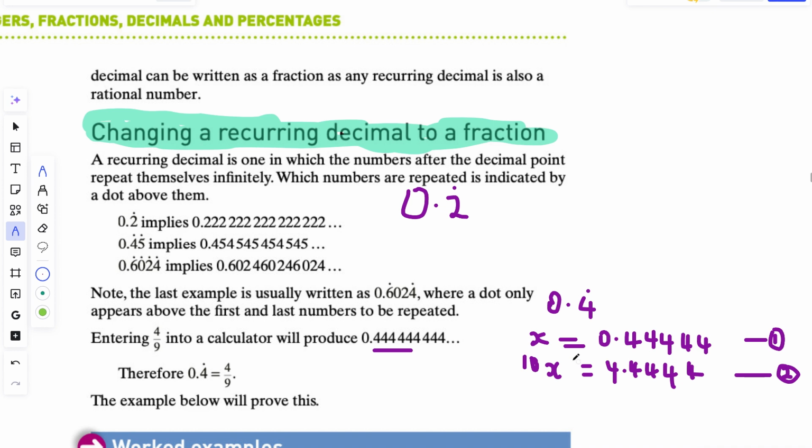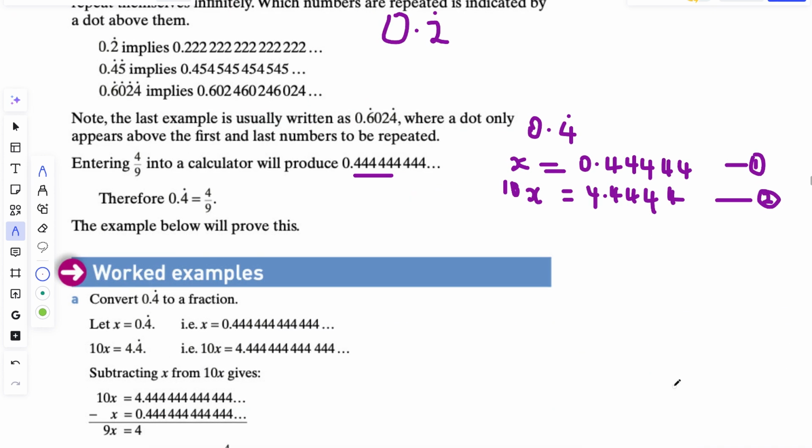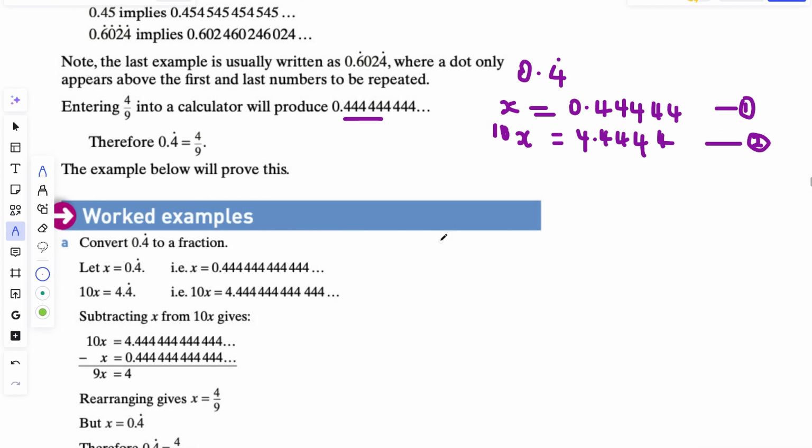So the next is subtract equation 1 from 2. What I mean is that equation 2 will be on top, for example. You can rewrite them. You can say subtract equation 1 from 2. So I write equation 2 first. I say 10x, because it's bigger. Okay, you write the bigger one on top.